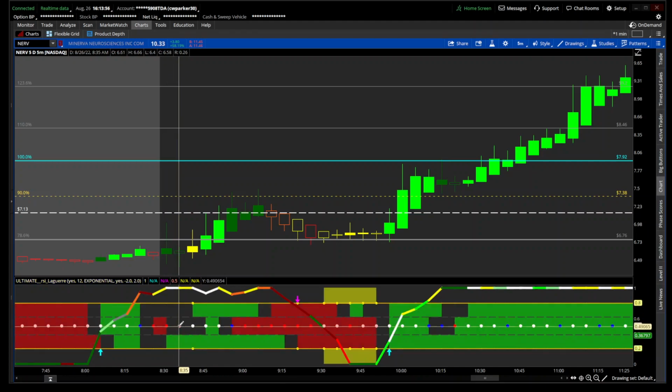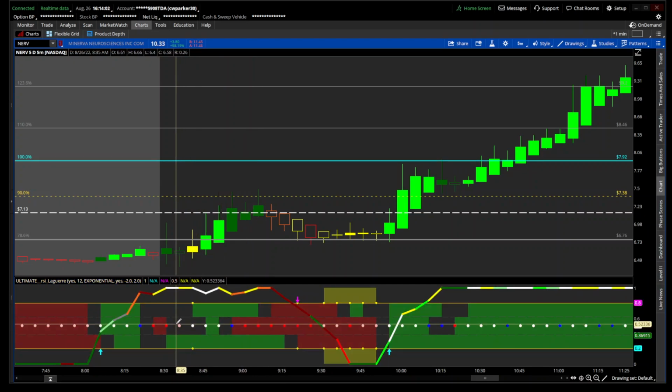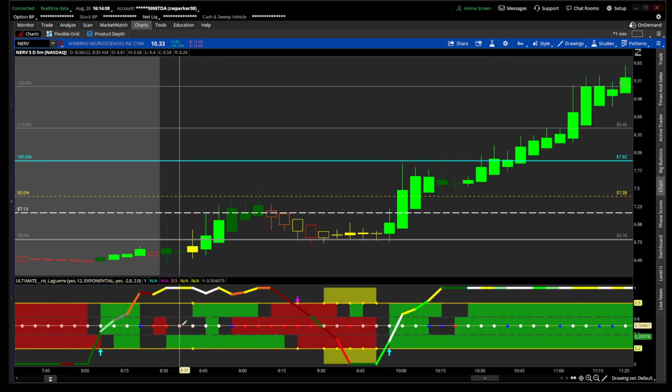So this pink, white, blue, and red represents the difference between buying and selling. Each candle has buying and selling volume pressure. If it's positive going from a negative, it'll go from red to pink. If you get two positive in a row, you get a white one.